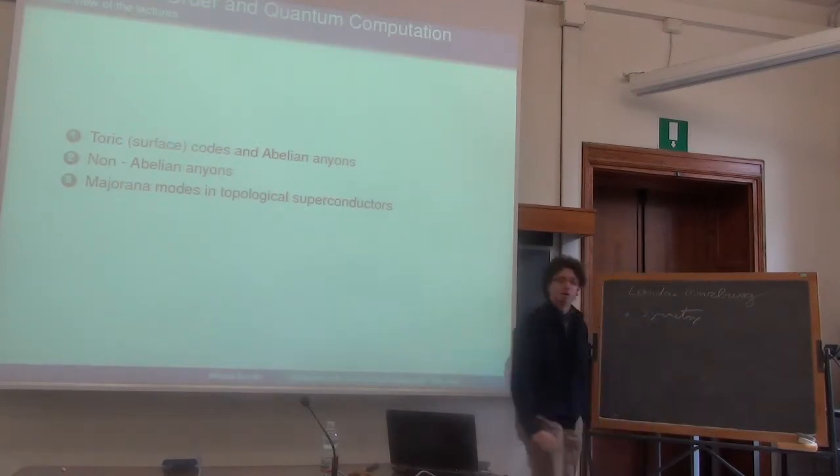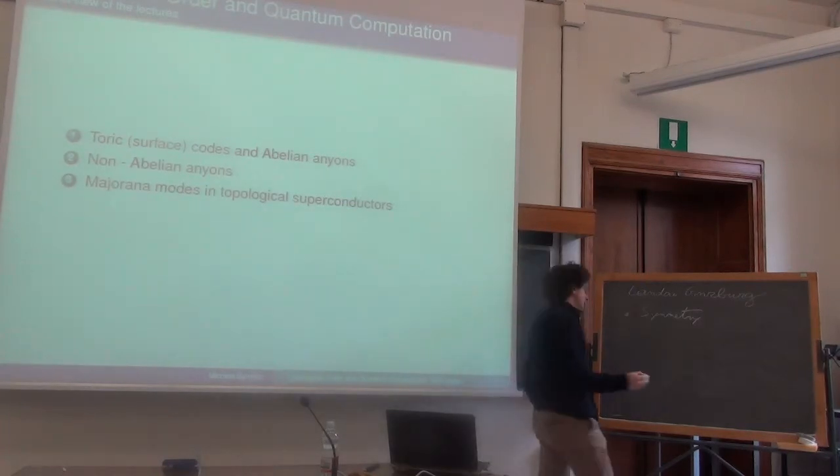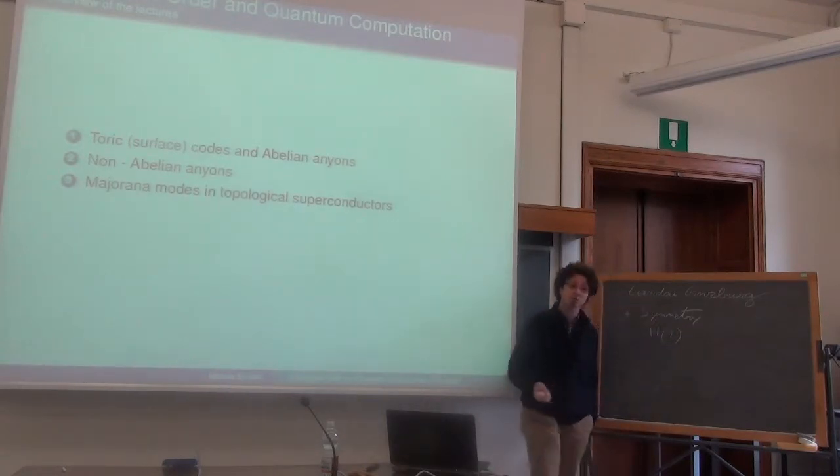Essentially, you have seen many examples of Hamiltonians, and these Hamiltonians have some sort of symmetry and depend, for example, on some parameter like the temperature.